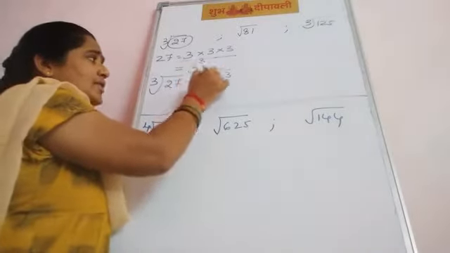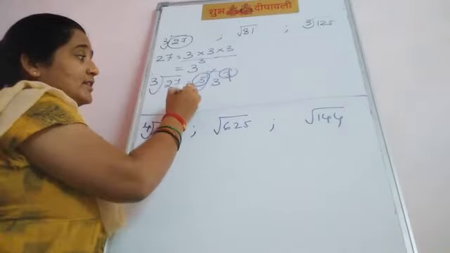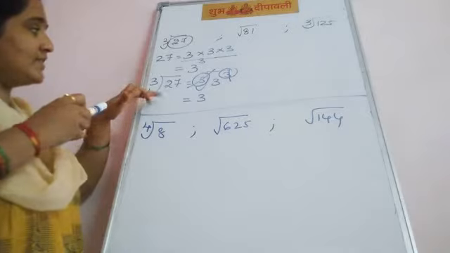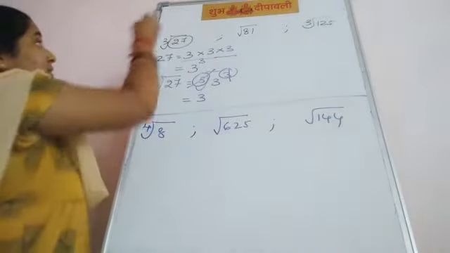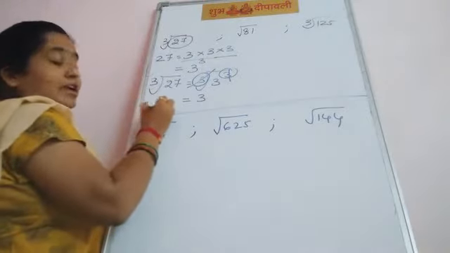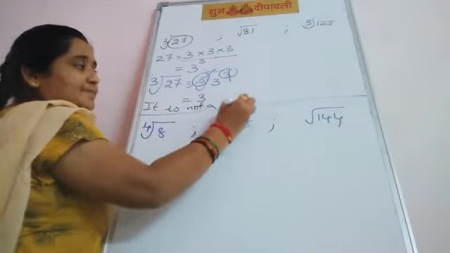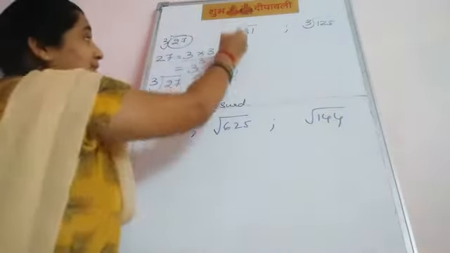See here, order and power are the same, so they get cancelled. The answer is 3. Cube root of 27 equals 3. Therefore, it is not a surd. Now coming to the second example.